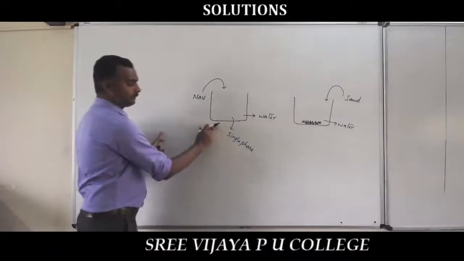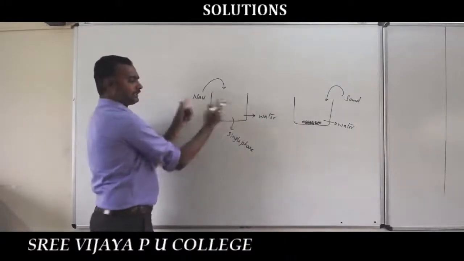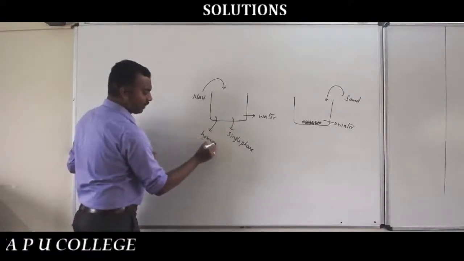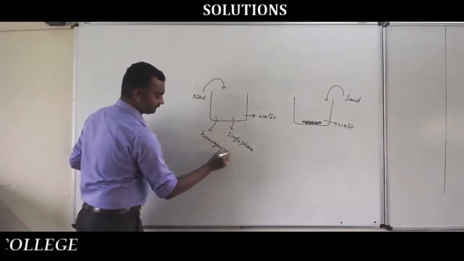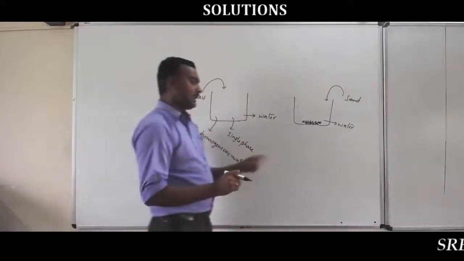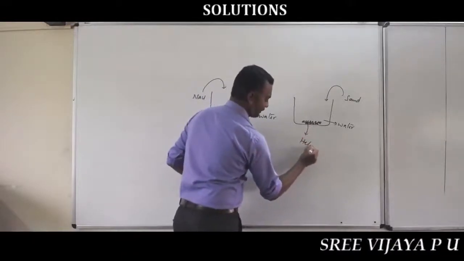And in this type of mixture, NaCl and water, both are components, mixed together to form the mixture. That mixture is called a homogeneous mixture, and this type of mixture is called a heterogeneous mixture.